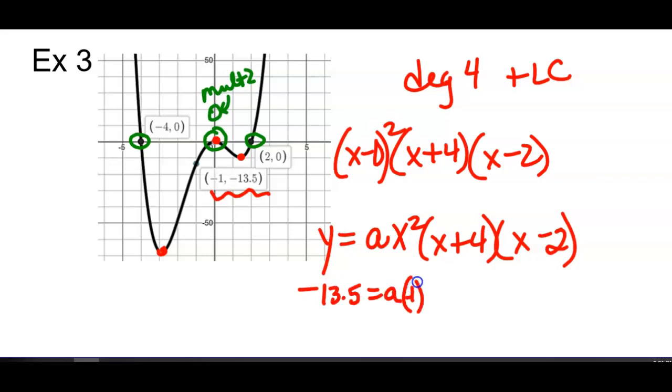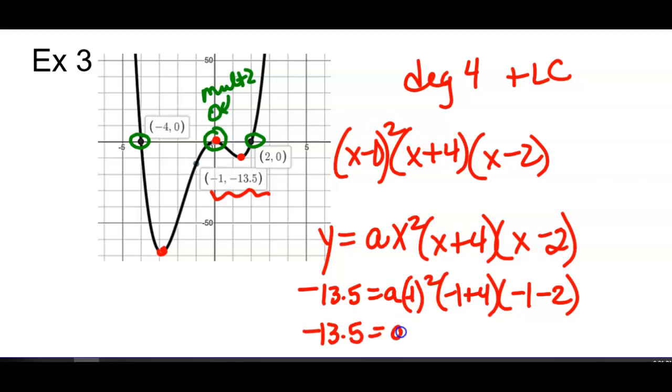Let's see, negative 1 squared, negative 1 plus 4, negative 1 minus 2. So we have negative 13.5 equals, negative 1 squared is just 1. And negative 1 plus 4 is 3. And negative 1 minus 2 is negative 3.